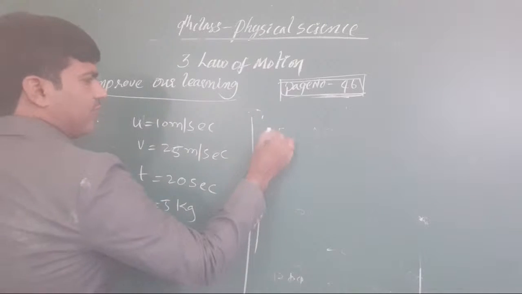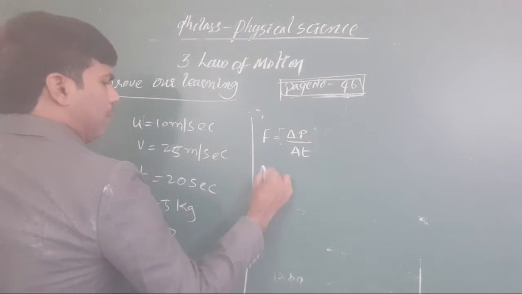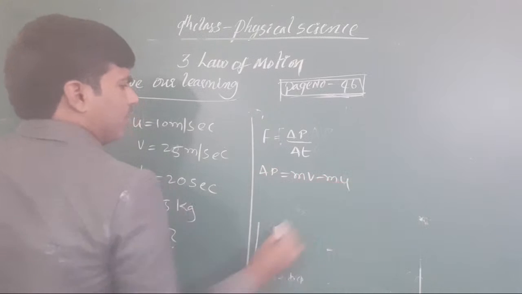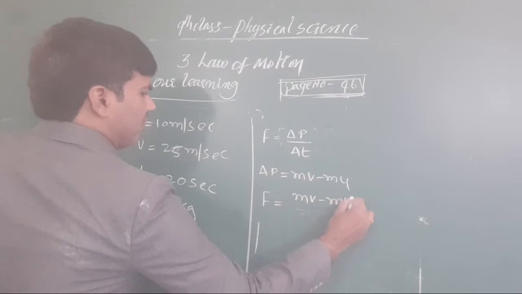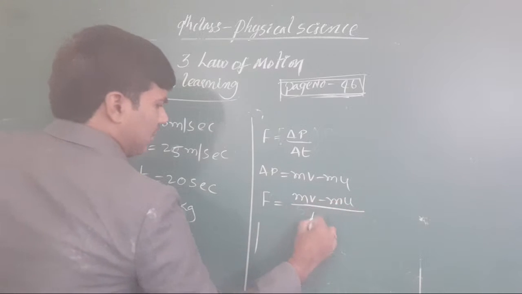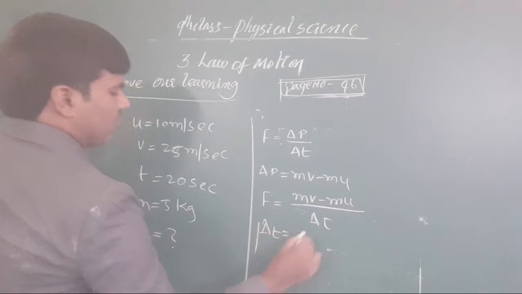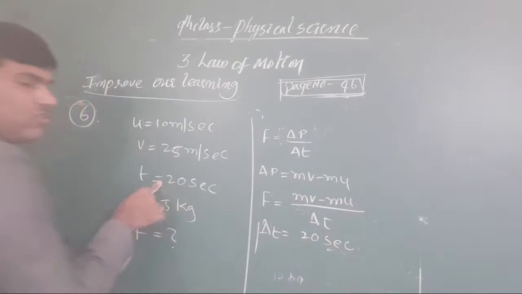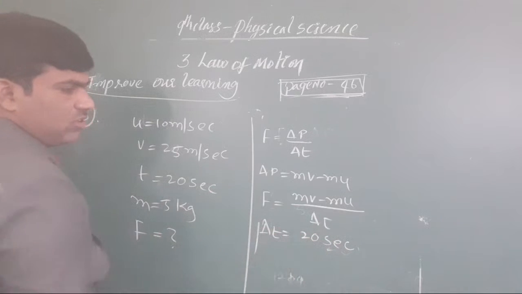Here F is equal to del p by del t. Del p is also written as mv minus mu. So F is equal to (mv minus mu) by del t. Here del t is taken as 20 seconds, because the duration of the time change is 20 seconds.